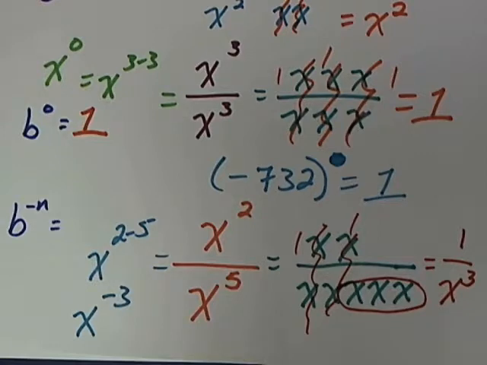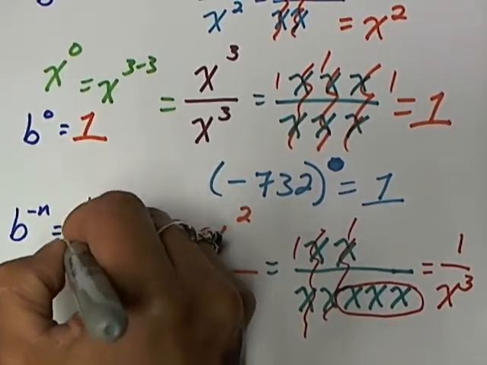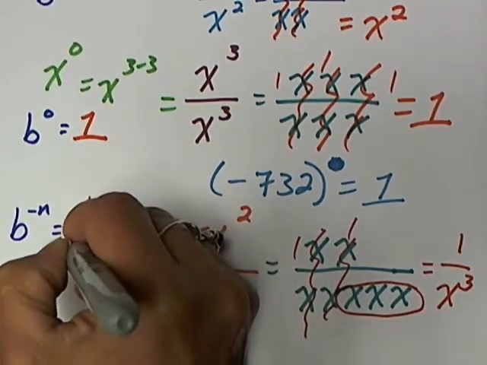If they look different, they still mean the same thing. So x to the negative 3 is the same thing as 1 over x to a positive 3. So when I have a base with a negative exponent, it means the same thing as 1 over that base to a positive exponent.